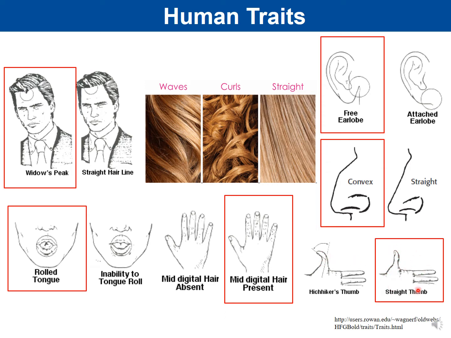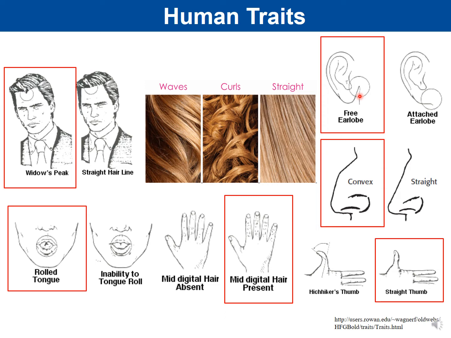Straight thumb is dominant. Hitchhiker's thumb is recessive. Looking at the bridge of your nose, some people might have a straight bridge. Some people might have a convex bridge, which means they have a little bump on the bridge of their nose. Convex nose is going to be dominant over having a straight nose.